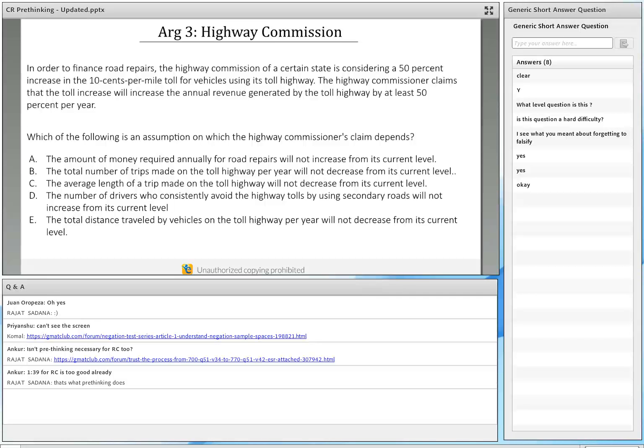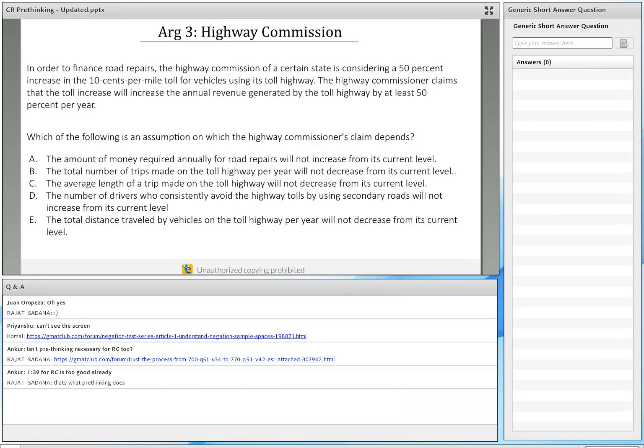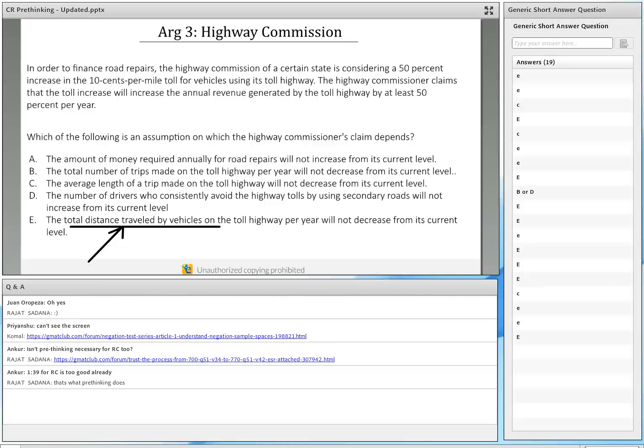Okay. So, which answer choice attacks the total number of miles directly? Which answer choice does that? Which must be true? It's answer choice E. The total distance traveled by vehicles will not decrease from its current level.